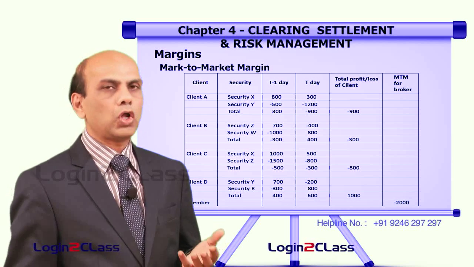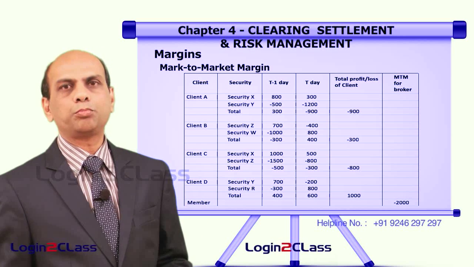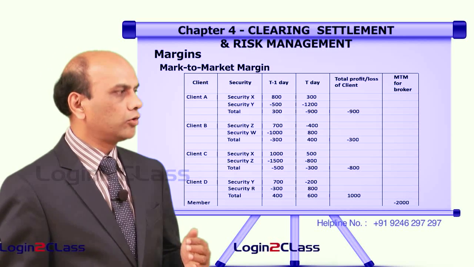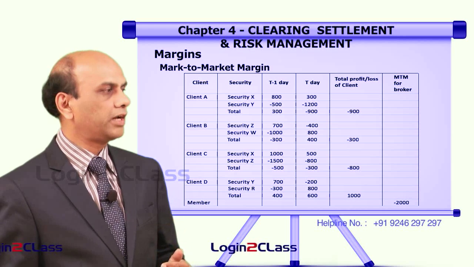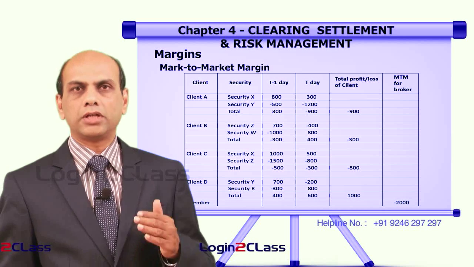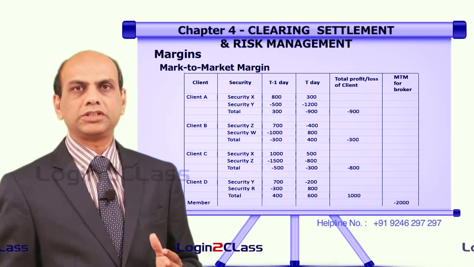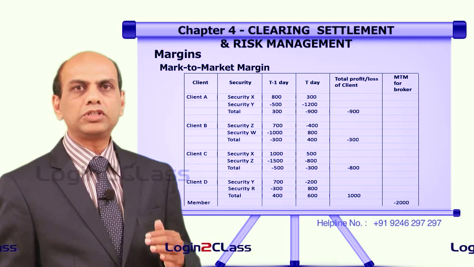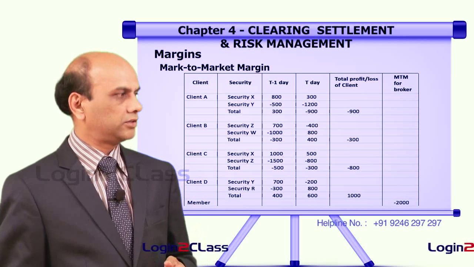So what is the net loss? 1000 rupees profit on security X and 1500 rupees net loss on security Z. So in effect, he is in a net loss of minus 500, which constitutes the MTM required for client C on his total positions, which he has to pay the following day before the market starts.